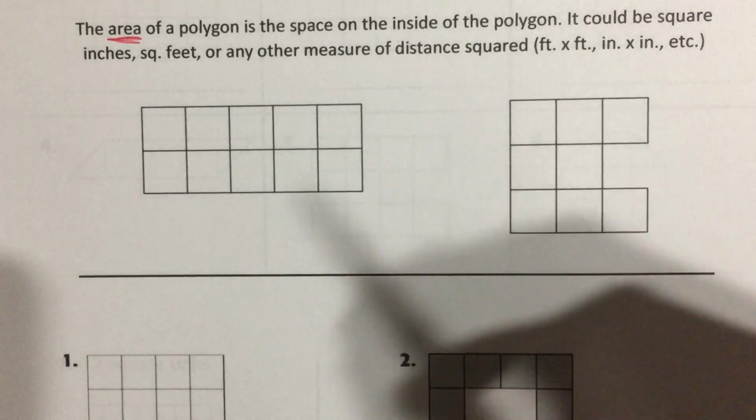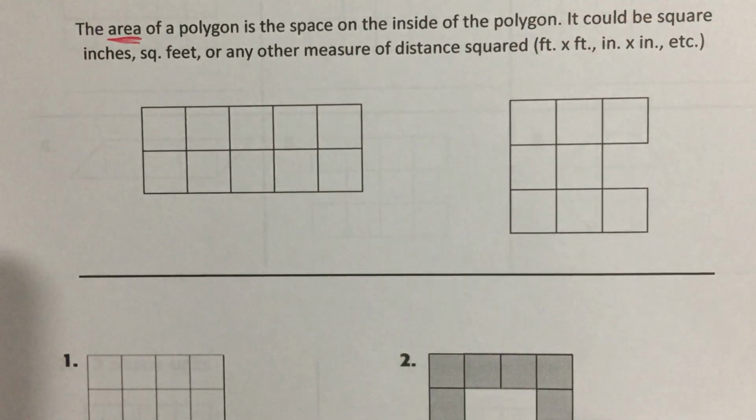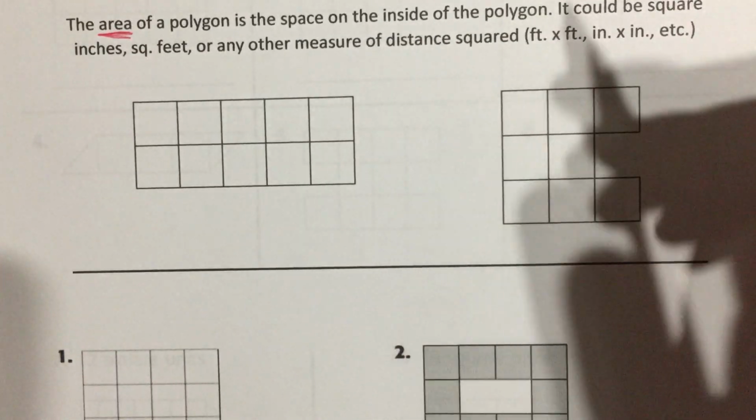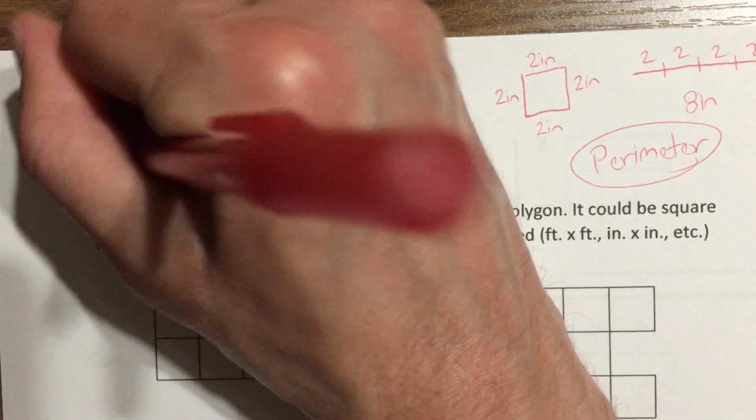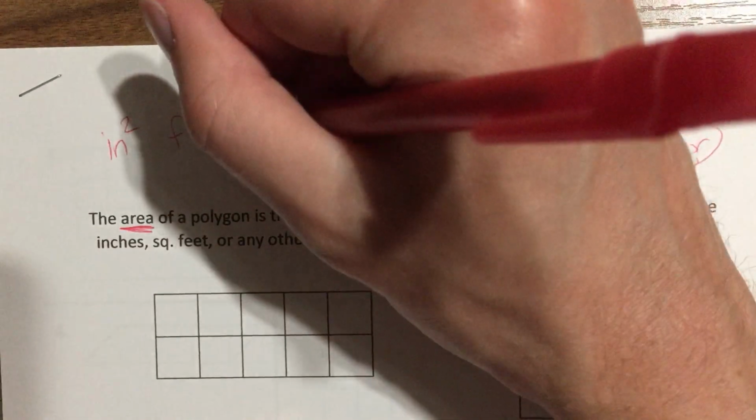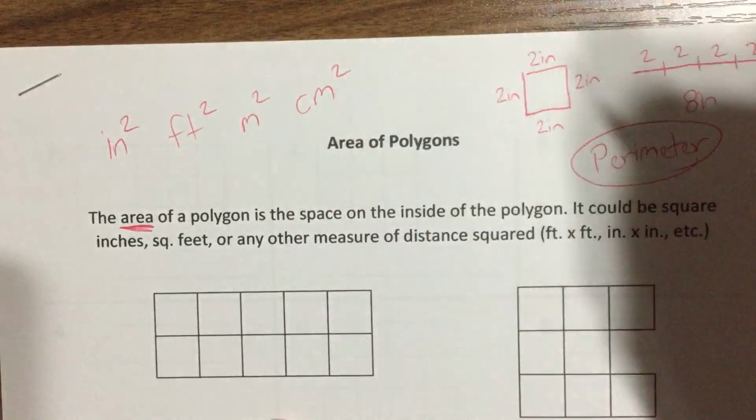We're going to have some triangles later on that we're going to deal with. But whenever we write what the area of something is, it's going to be in something squared. So if it's inches, it could be inches squared. It could be feet squared, meters squared, or centimeters squared.